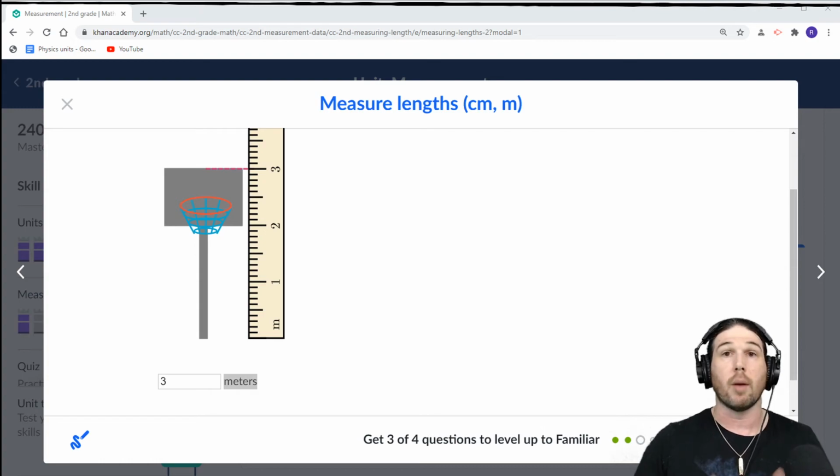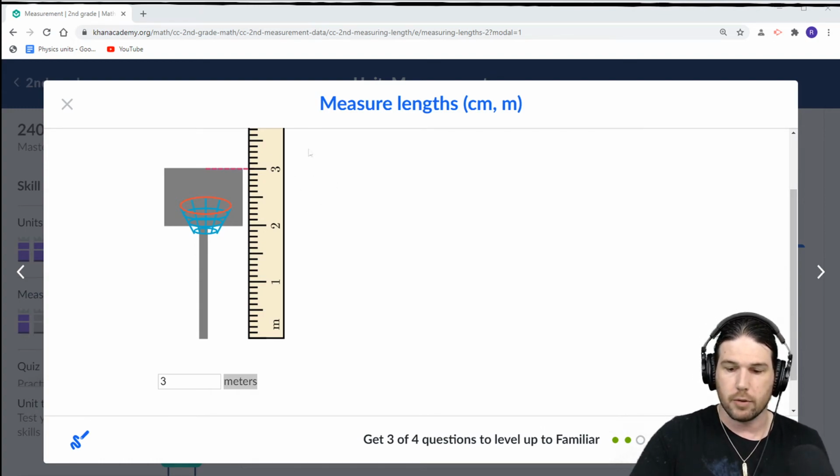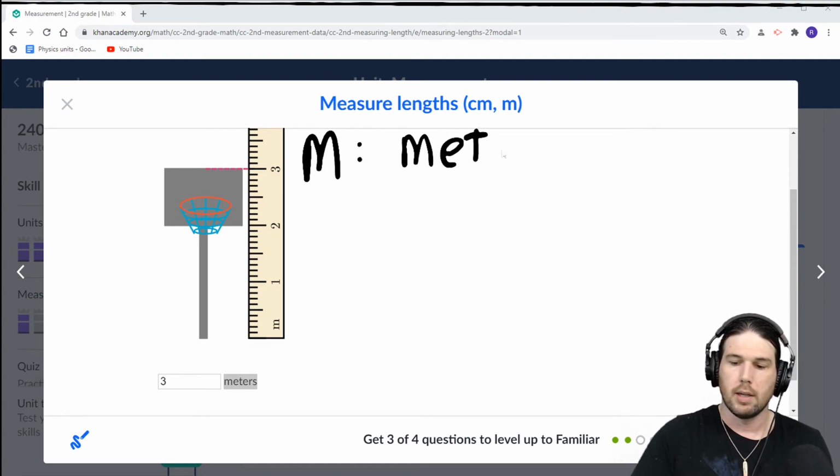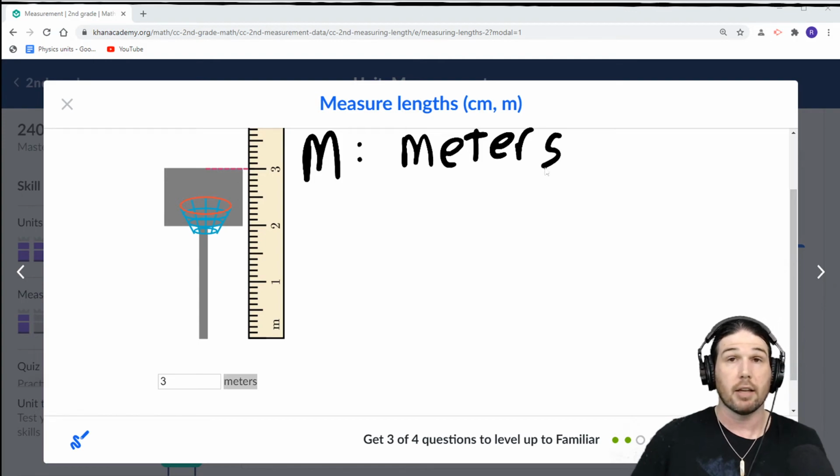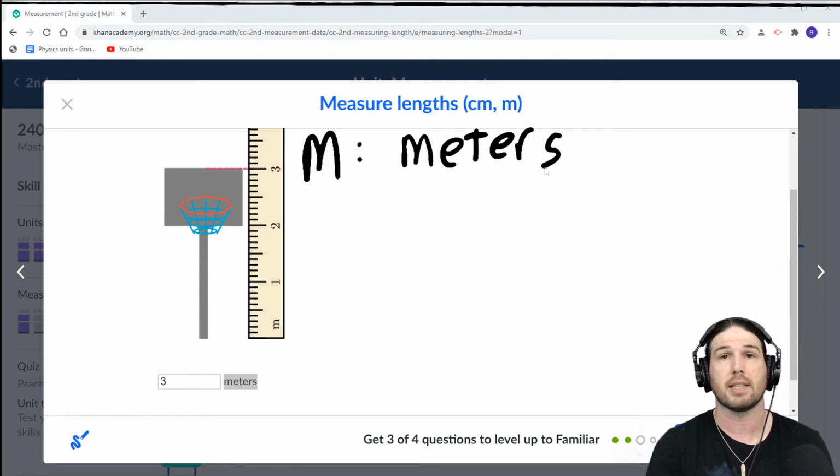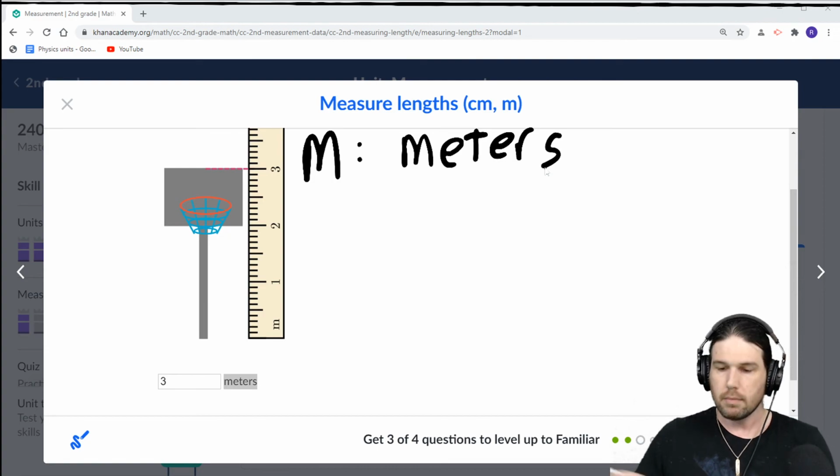Ways that you abbreviate. This is very important because it's easy to get confused. M always stands for meters, unless somebody tells you specifically that it means something else. There are a lot of units that start with M. Meters, miles, minutes, a lot of them. M specifically almost always means meters.